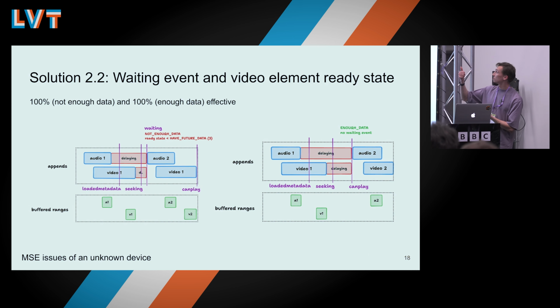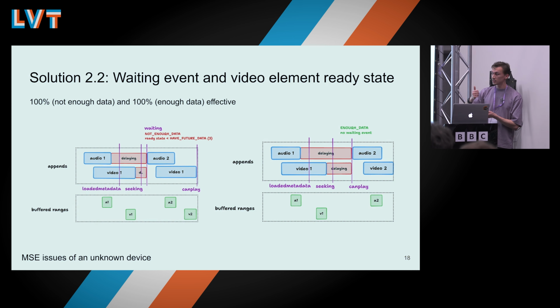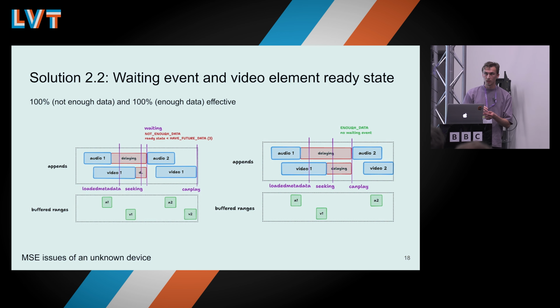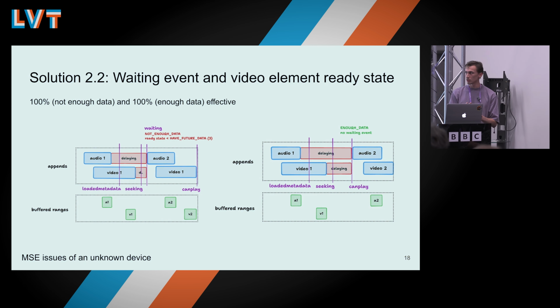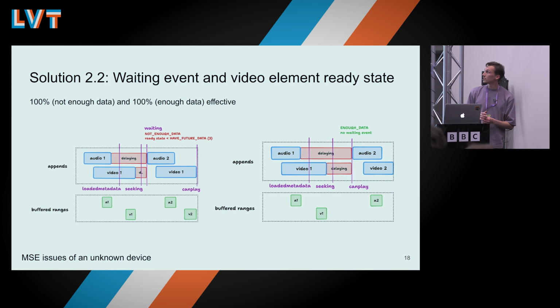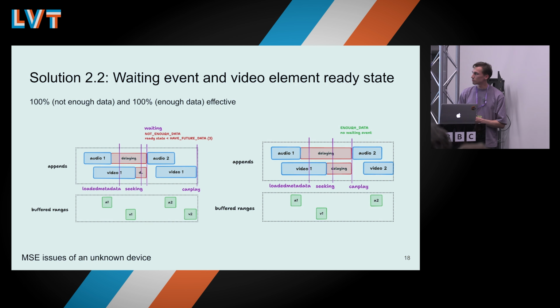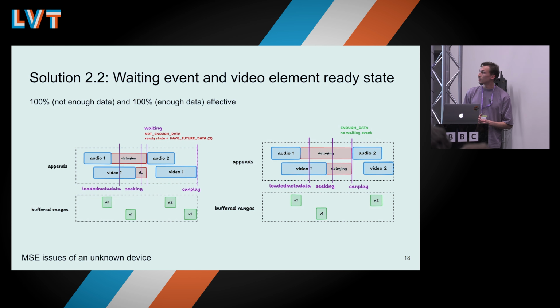Also, on the video element we have readyState, which has four values. Zero is have nothing, then have metadata, then have current data, which is just a bit better but still not playing, then have future data, and have enough data.